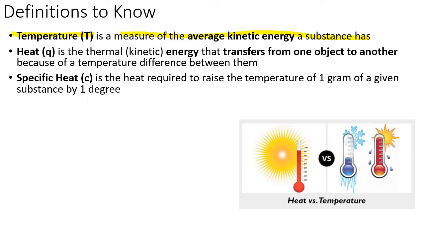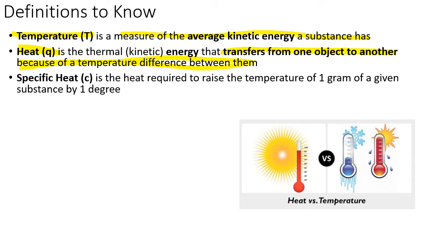Next, heat. Heat is going to be symbolized by Q. That is the letter for it. And heat is the thermal energy that transfers from one object to another. So it's energy that gets transferred because there's a temperature difference between the two different objects.